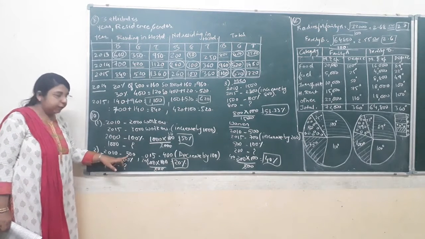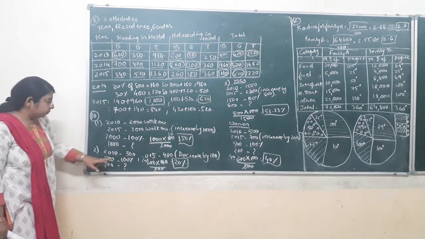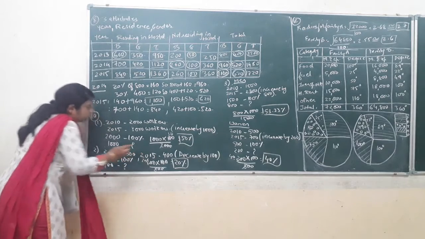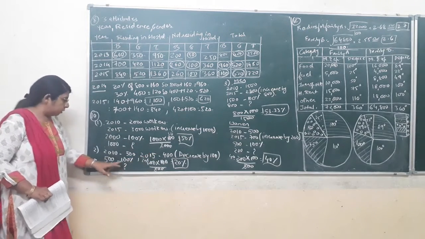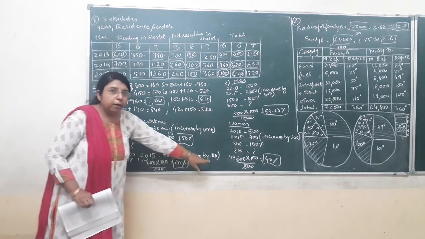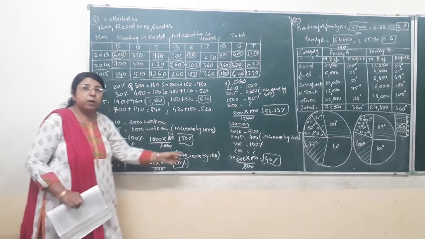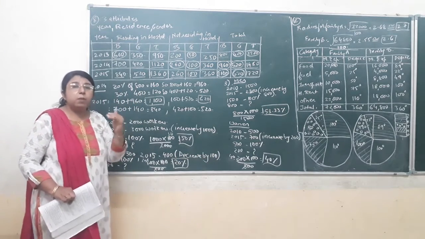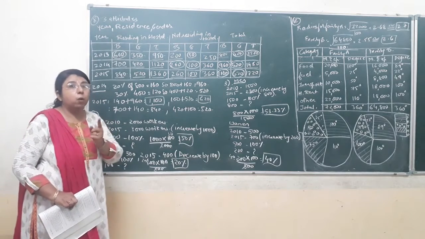From the table you can identify that there were 500 non-local workers, and for the year 2015, the non-local workers were 400. That is already given to you in the table. So it decreased by 100. Previously in 2010 there were 500, now it is 400. So non-local workers declined by 100 workers.